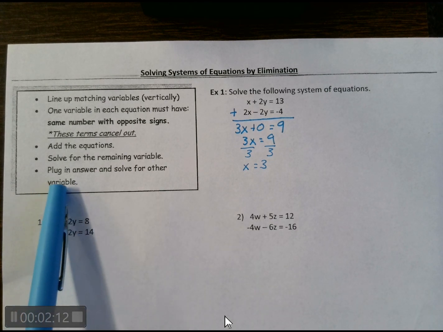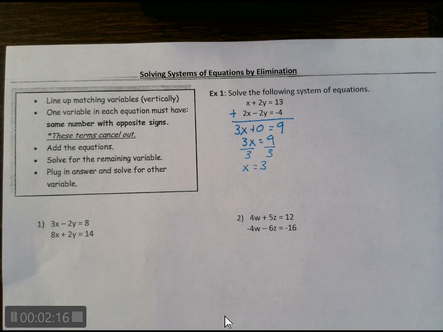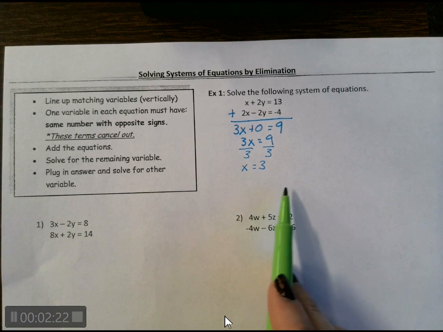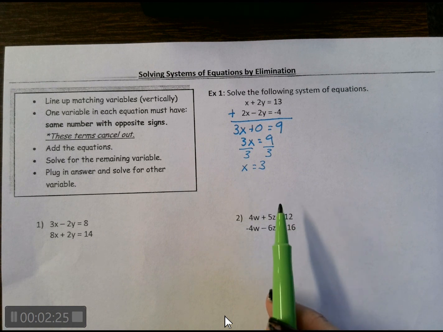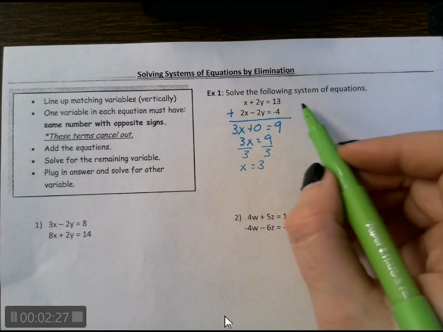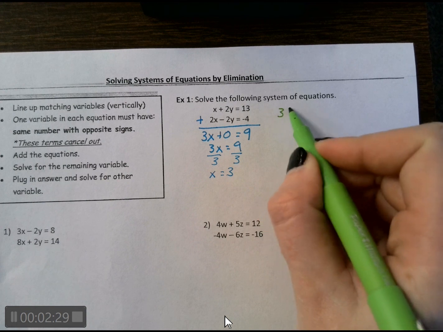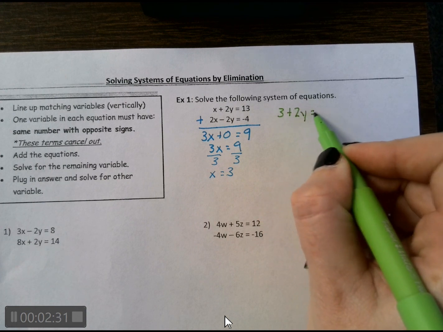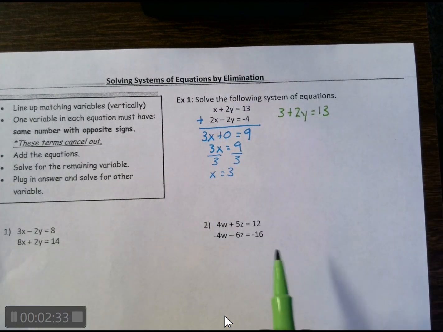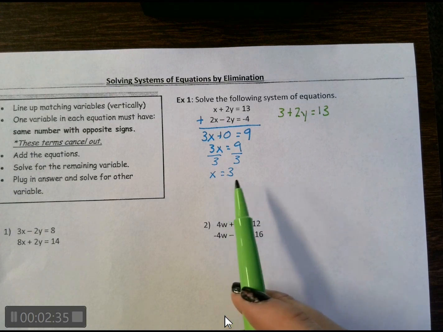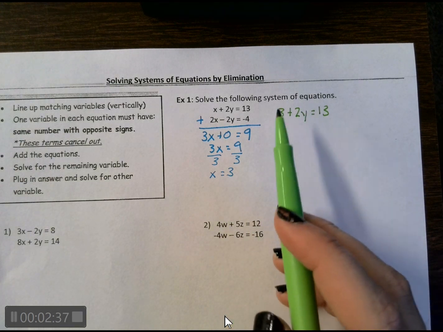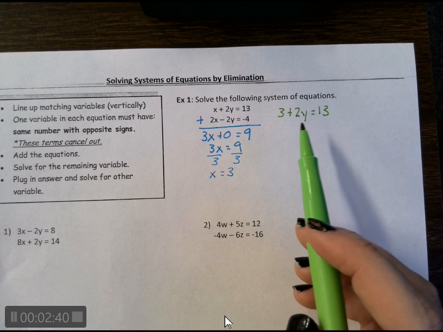And now we need to plug in our answer and solve for the other variable. Now it does not matter which equation you use to substitute your x equals 3. So I'm just going to do the top one because why not? Alright, so we have 3 plus 2y equals 13. Now notice we solved for the x, so in our second equation, we should be solving for y.